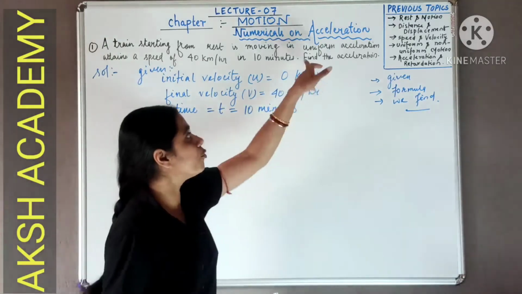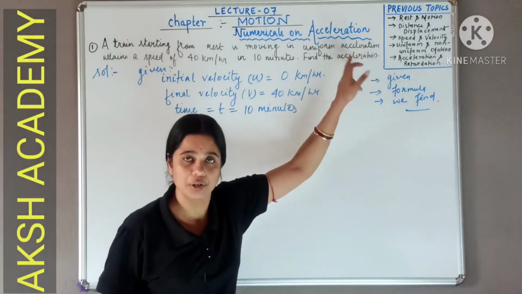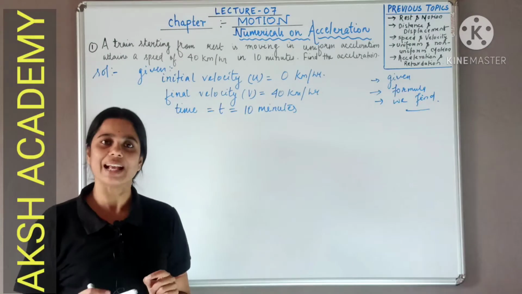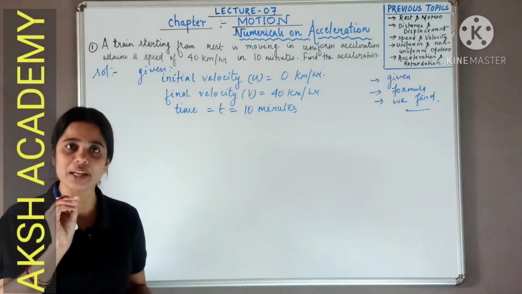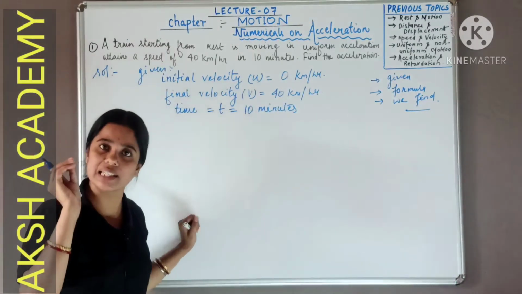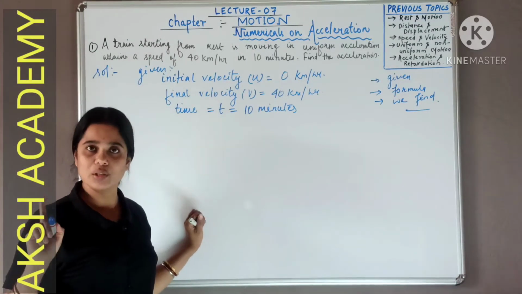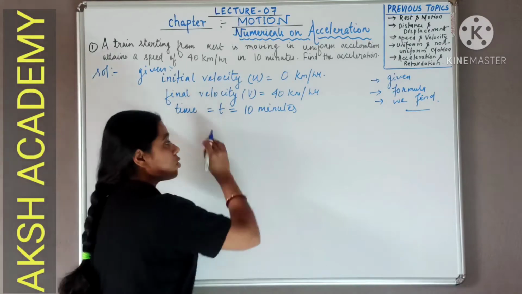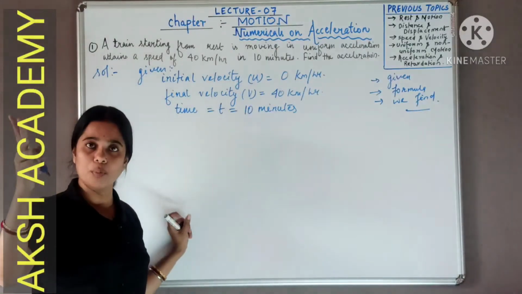Now what we have to find? We have to find acceleration. But before finding acceleration, you have to make sure that the units which we are using for the same quantity should always be the same. So for solving this question, we have two methods.